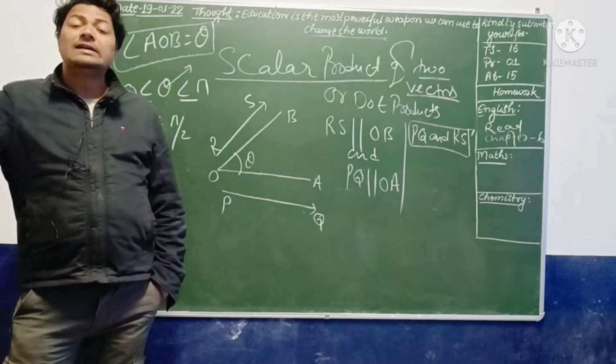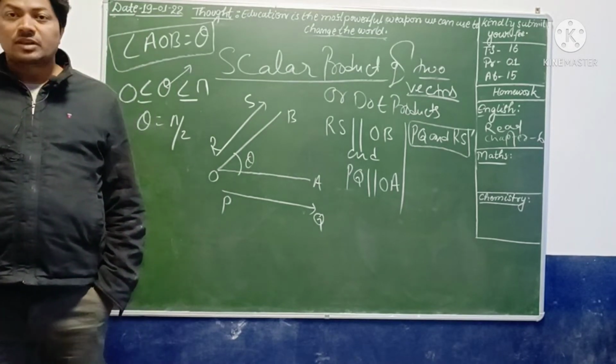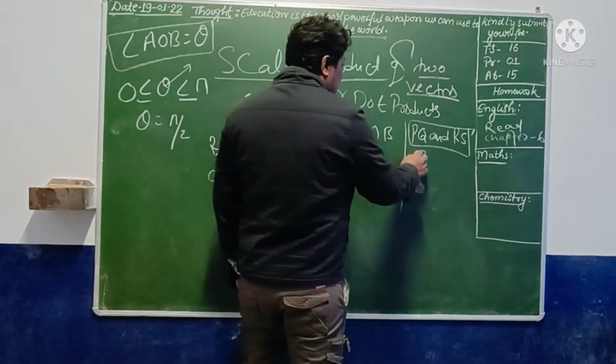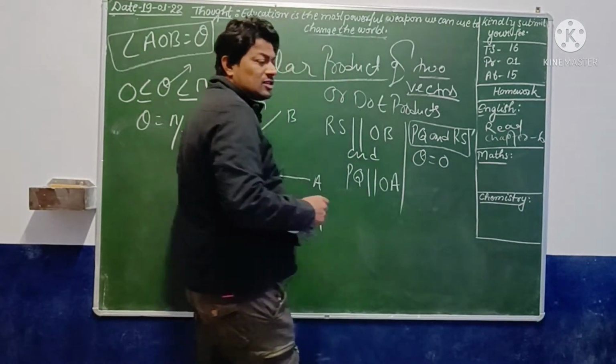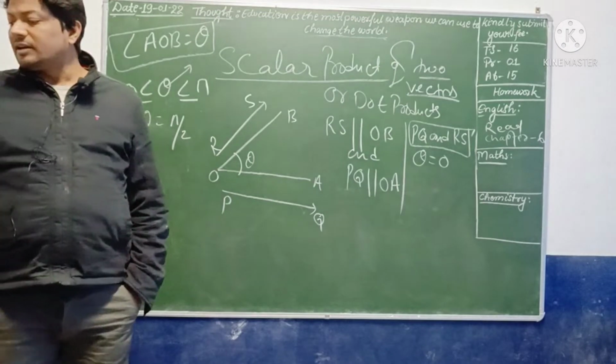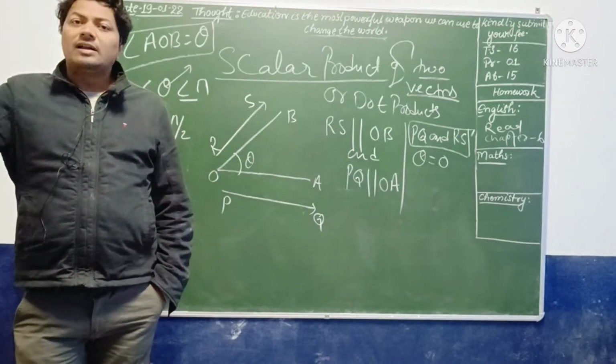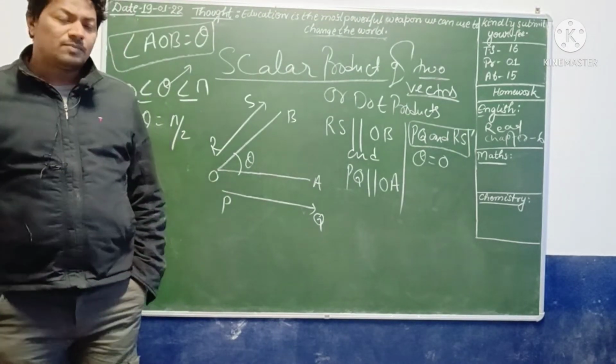When theta is equal to 0 degrees, the vectors PQ and RS are like vectors.